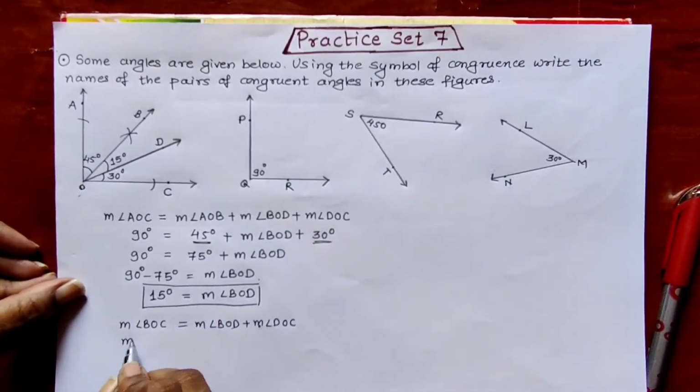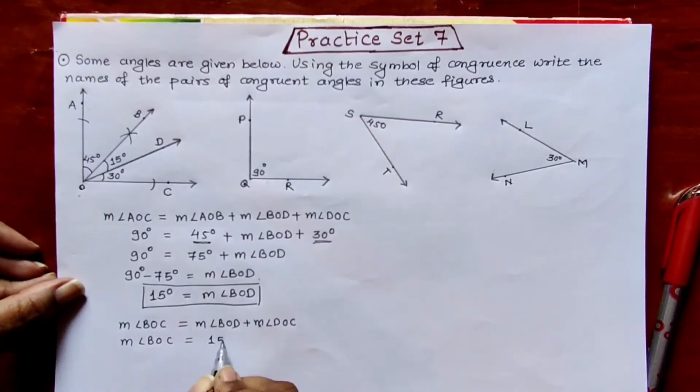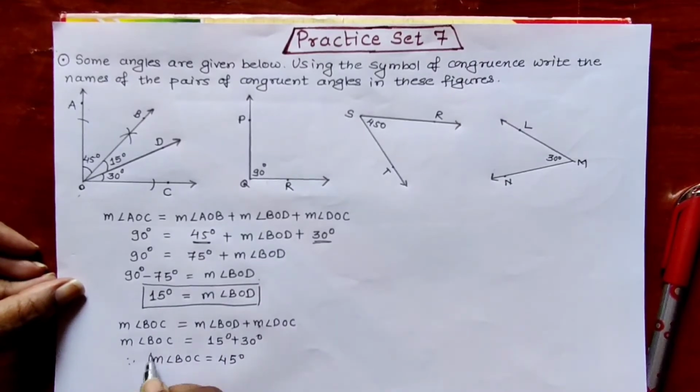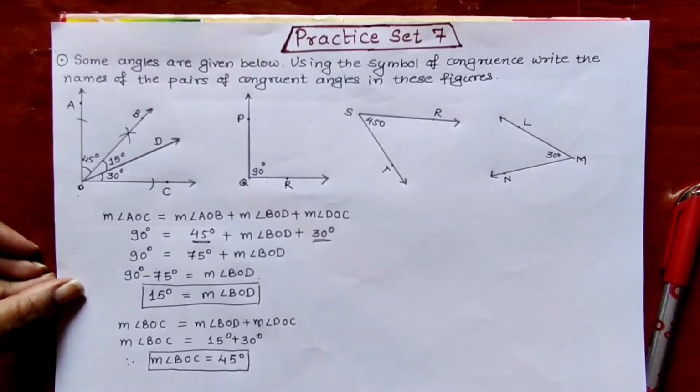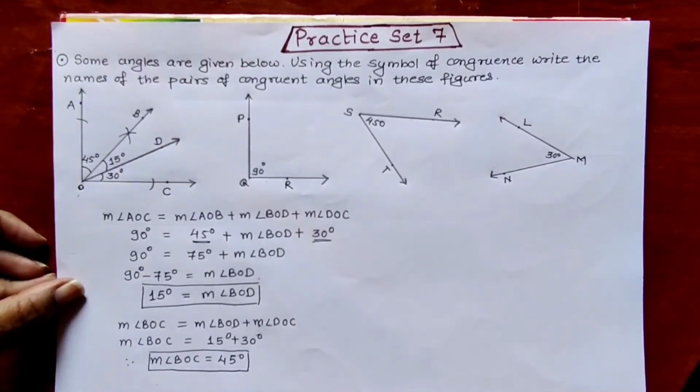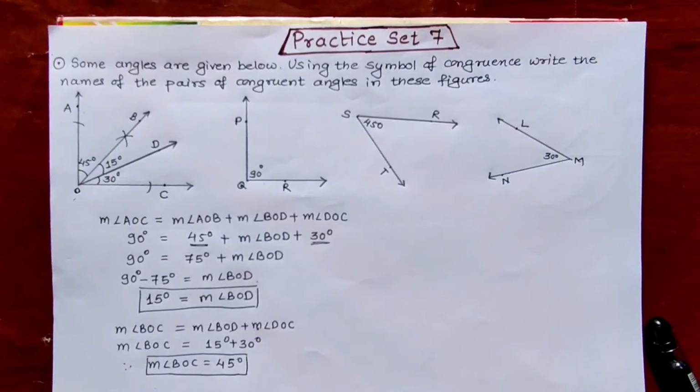So measure of angle BOC is equal to BOD, just now we got 15 degrees, DOC is 30 degrees, and therefore measure of angle BOC is equal to 45 degrees. Okay, now we will be writing the names of congruent angles.